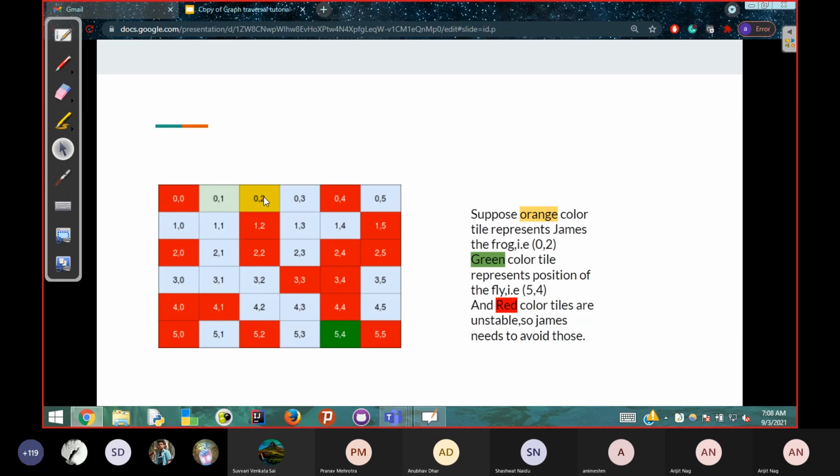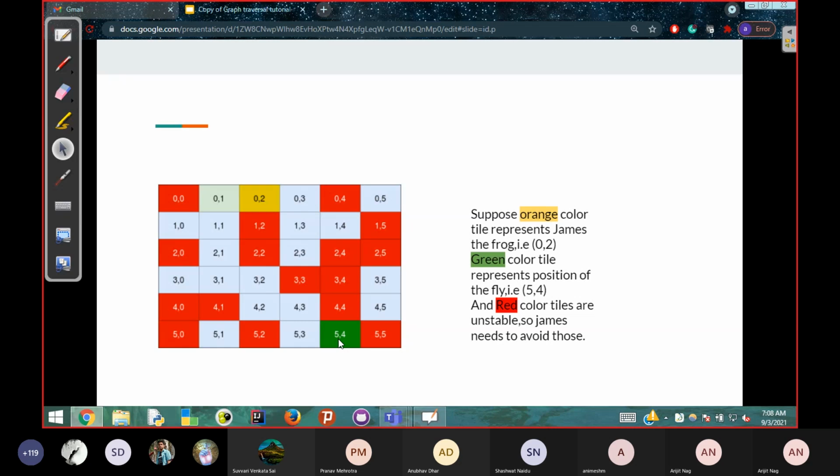The question says the frog named James is sitting on the orange stone with coordinate 0, 2, and he wants to eat a fly sitting on the green tile with coordinate 5, 4.